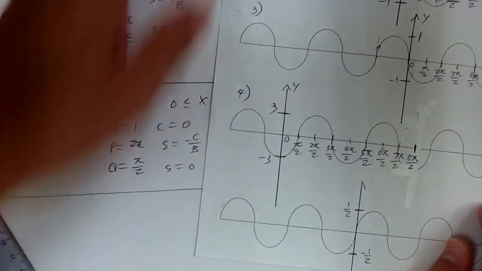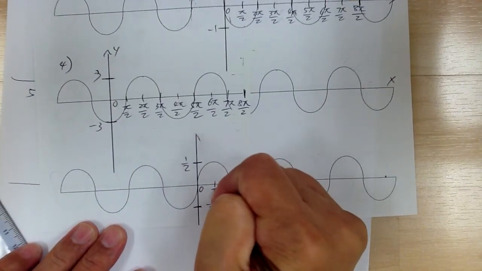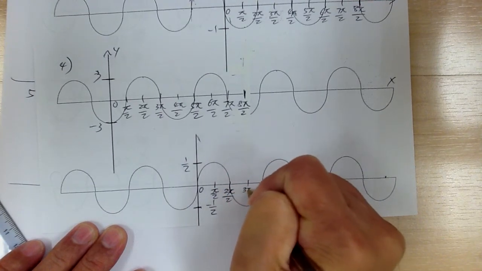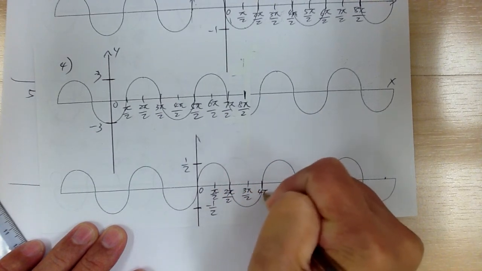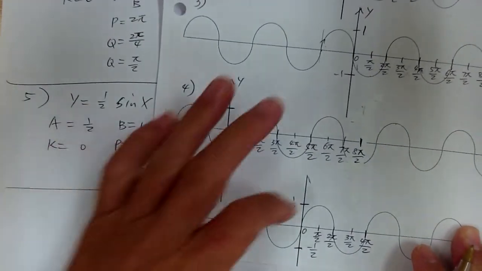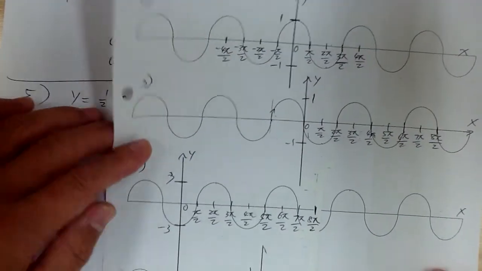And then you want to go from 0 to 2 pi, so 0, pi over 2, 2 pi over 2, 3 pi over 2, 4 pi over 2. Okay, and that's it. The number in front only affects the height. So instead of going all the way to 1, you only go up to 1/2. Okay, so this is number 5.